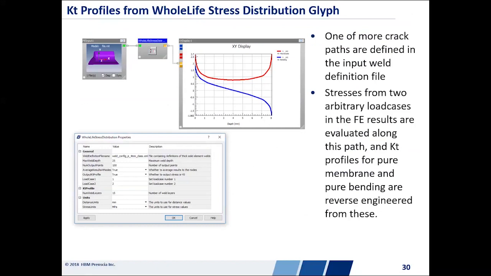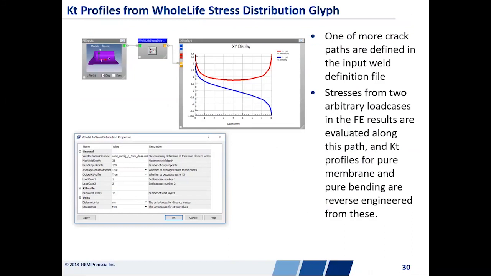And here the path through the part would be described again as a solid weld, where I specified the location and direction to describe that path. And this glyph goes in and evaluates that path through the part, looks at the stress from a load case through that part, and can then predict what the stress profile along that path is.